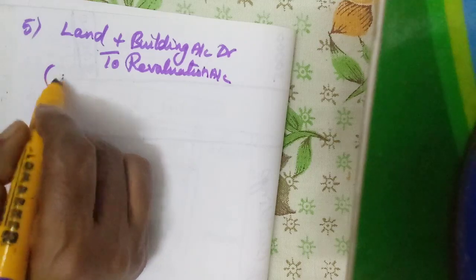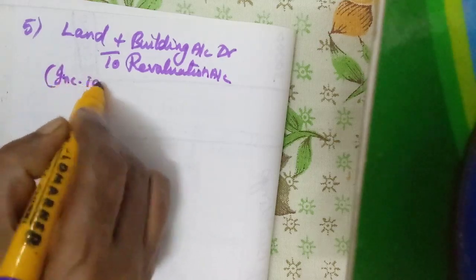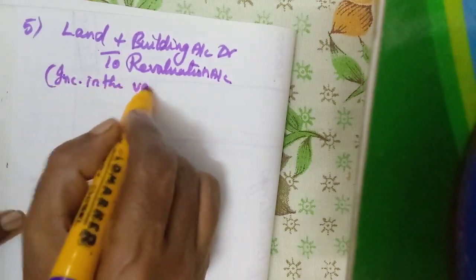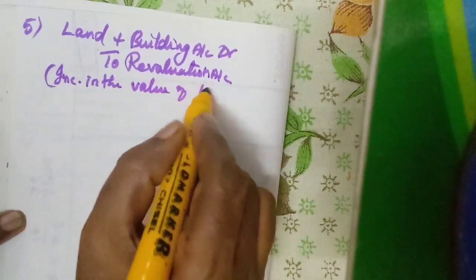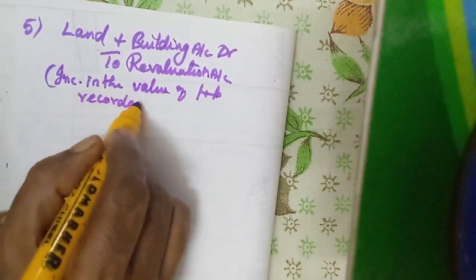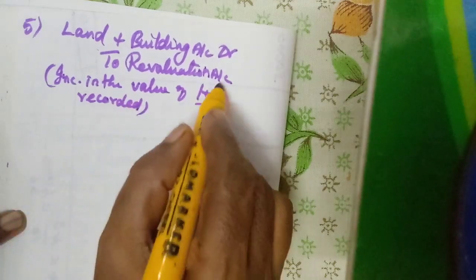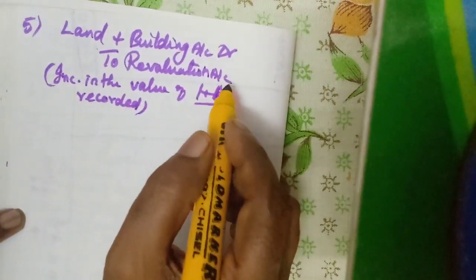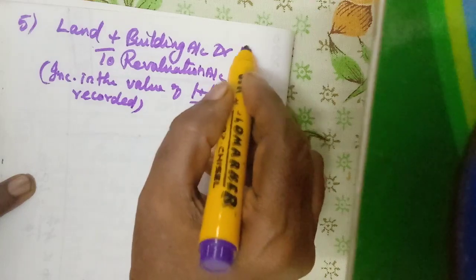Increase in the value of land and building recorded. You got to write fully. Okay, land and building 18,000.